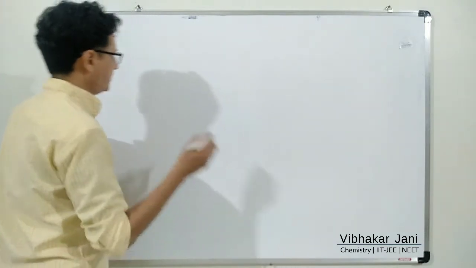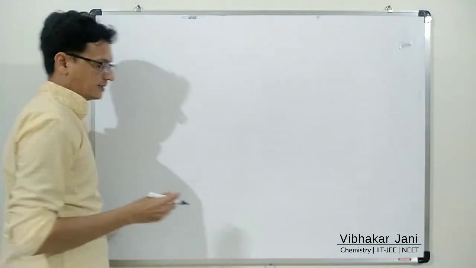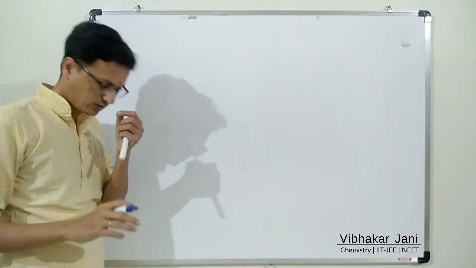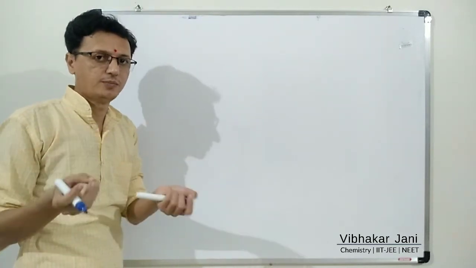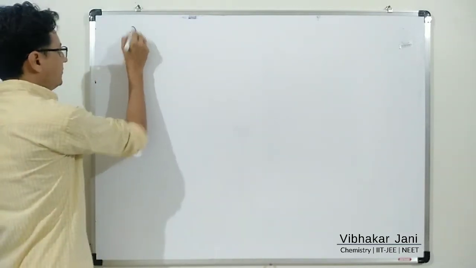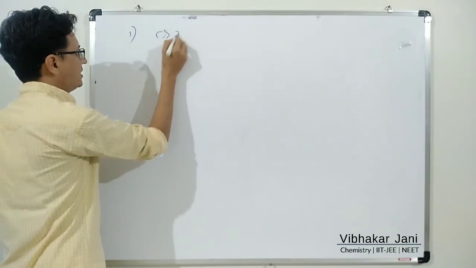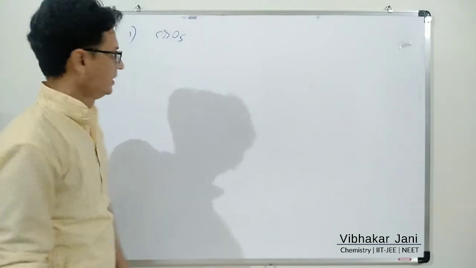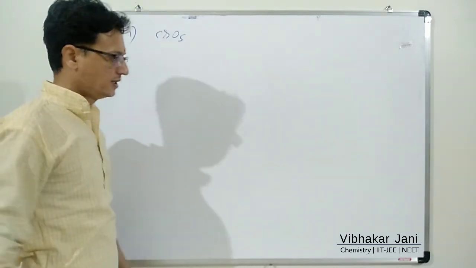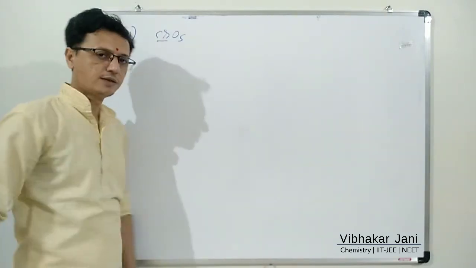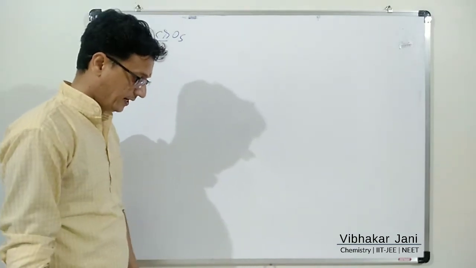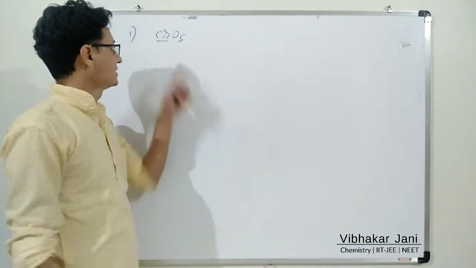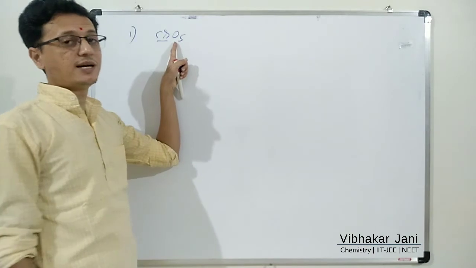First of all, we are going to see some 2 or 3 special compounds. The first compound for today is CrO5. This is chromium pentoxide. Now, if we want to find the oxidation state of chromium in this compound, there are a total of 5 oxygens.